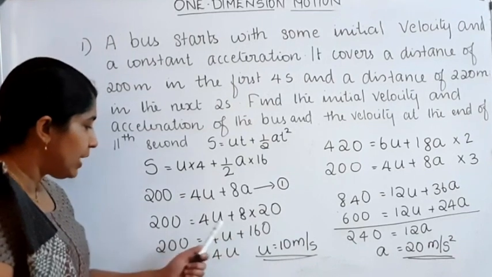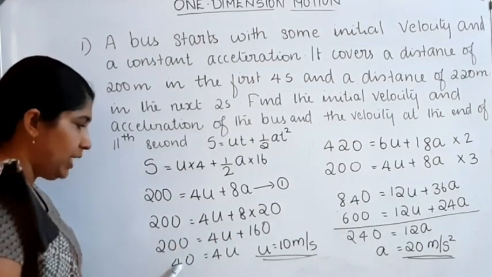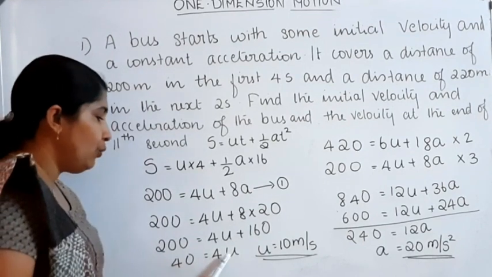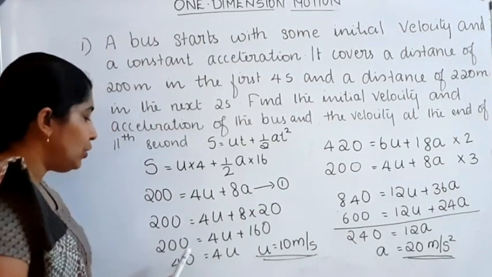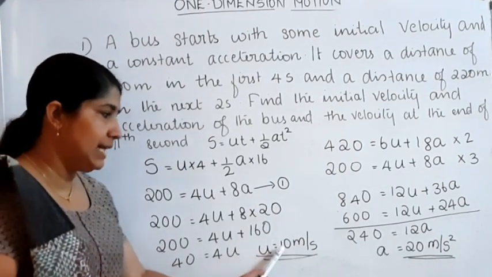When 160 is taken to this side, it becomes 200 minus 160, that is 40. 40 is equal to 4u. From that, u is equal to 40 divided by 4, that is equal to 10 meter per second.